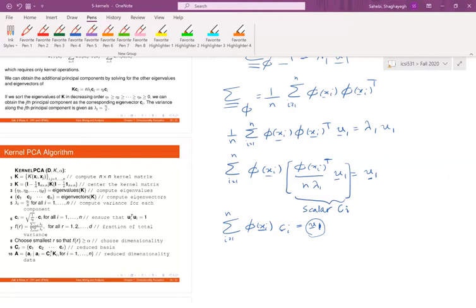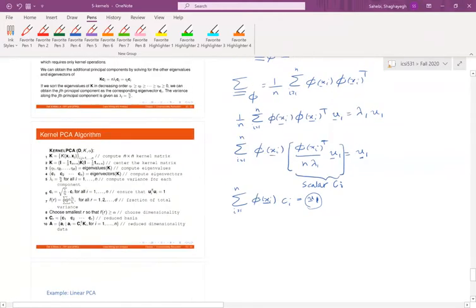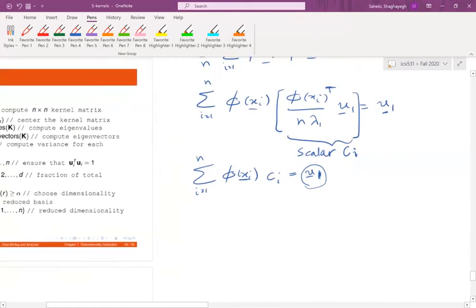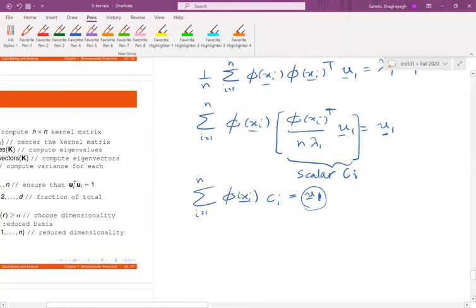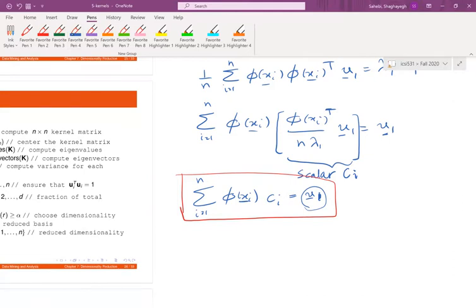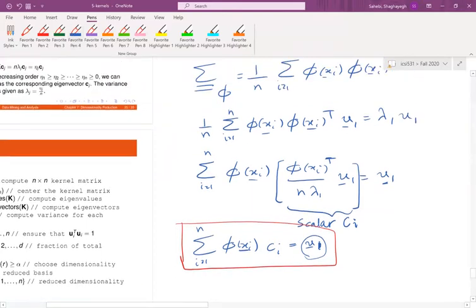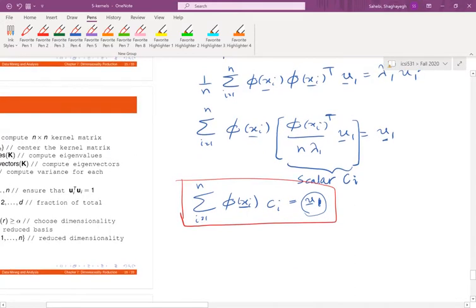Let's see if we can use this as we are learning more about our directions. Now that I have this conclusion that u1 is equal to a linear combination of my data points in the feature space, I can replace my u1 in this equation here using the red box equation. So let's do that.